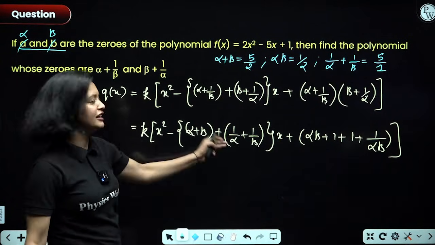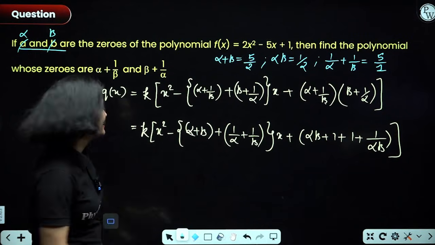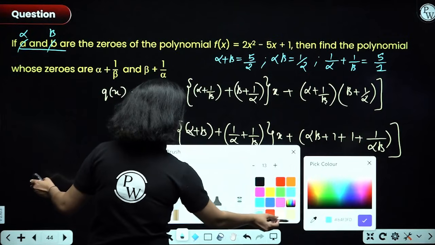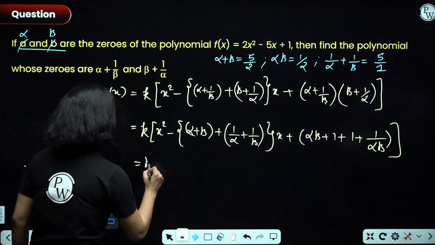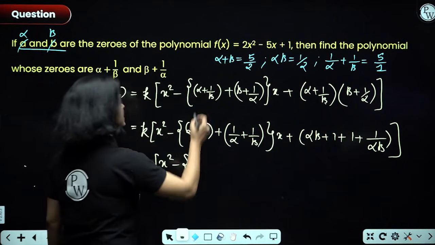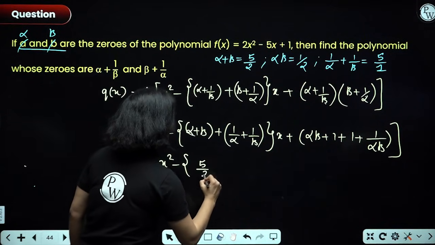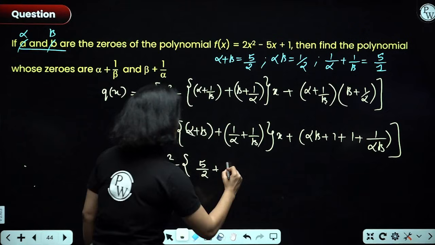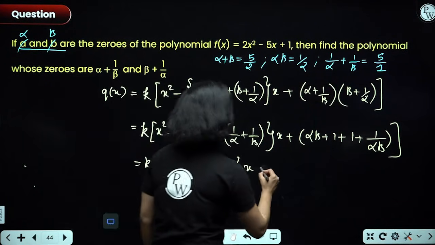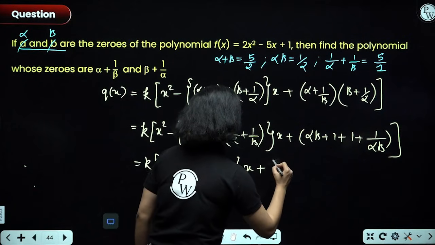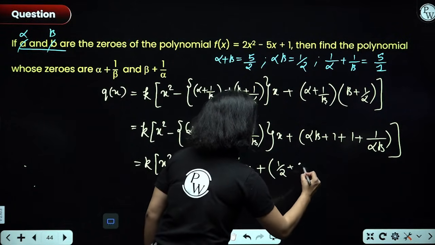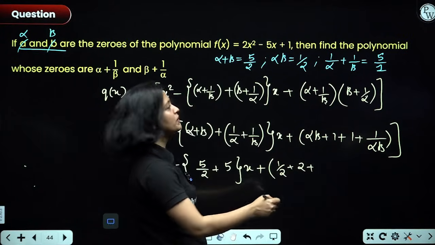Now, plug everything here. That's it, guys. So, let's plug everything here and see what we are getting. So, k x square minus alpha plus beta 5 by 2 plus 1 by alpha plus 1 by beta 5. This is x, okay, plus alpha beta is 1 by 2. So, 1 by 2 plus 1 is 2 plus 1 over alpha beta would be equal to 2.